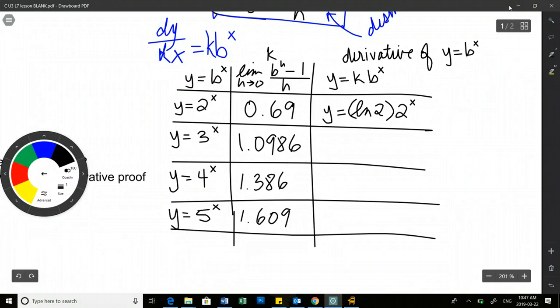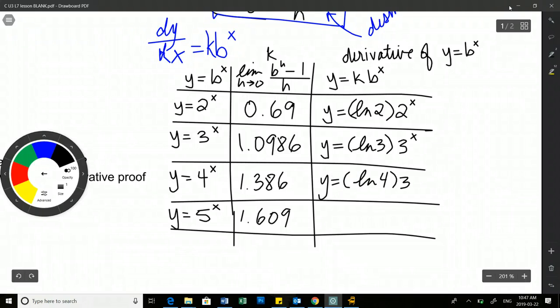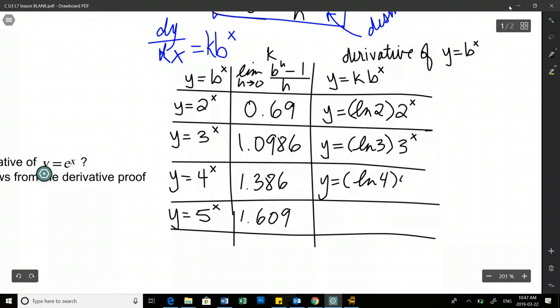And then the derivative of y equals 3^x is the ln of 3 times 3^x, and then so on, right? So the derivative of 4^x is the ln of 4 times 4^x, and so on. Okay, so I think we can create a more general statement for this.